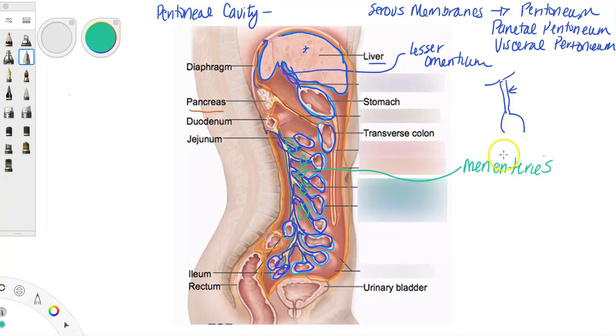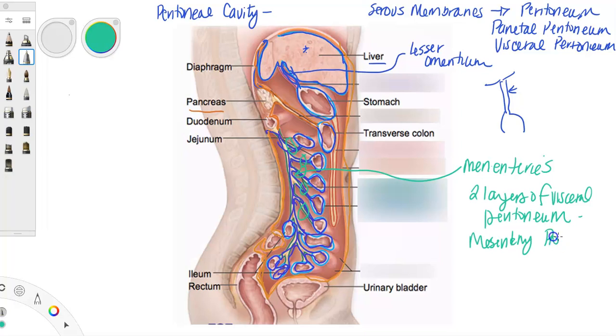And mesenteries, again, are two layers of visceral peritoneum. And we call that mesentery proper. You can see here, this right here, this is the connection from the pancreas to the transverse colon.